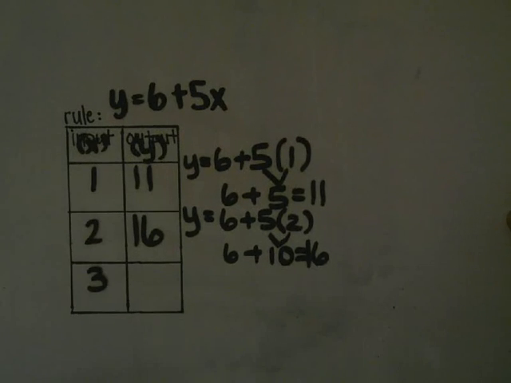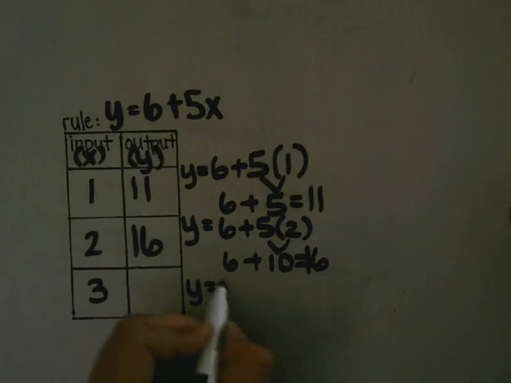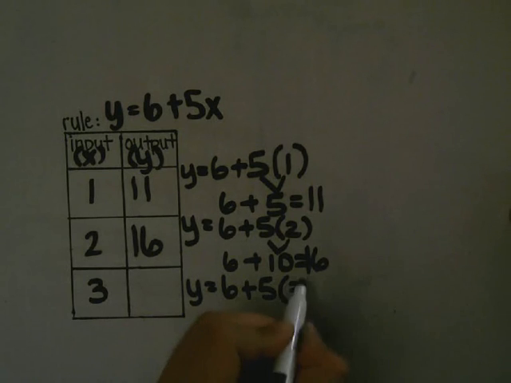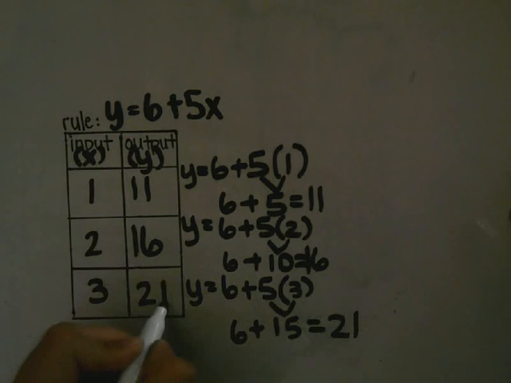Let's try one more. When our input value is 3, you just plug in 3 where the x is. Follow order of operations. Bring down the rest of the problem. And your output value is 21.